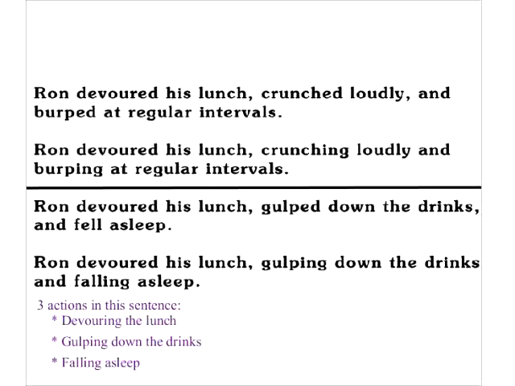Yeah, they're independent. The first two may not be totally sequential because you can gulp down drinks intermittently with devouring lunch, but they're not related. These are three independent actions that are separate, and none is prioritized over the others.